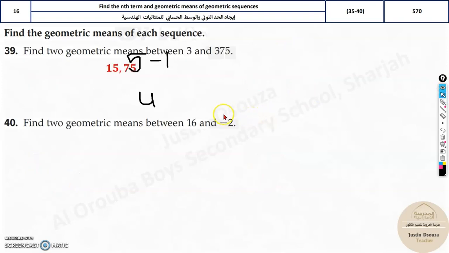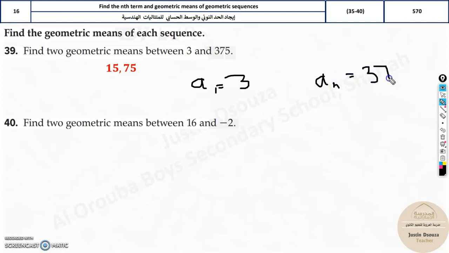Okay. Now here you can see there are 2 geometric means. That means a1 is 3, an is 375. All you need to do is put it in the formula and solve. It will be 375 equals 3 r to the power... Now, there are 4 terms, 2 geometric means and the starting and the last term.